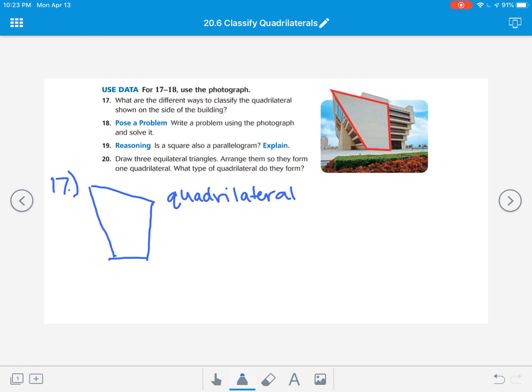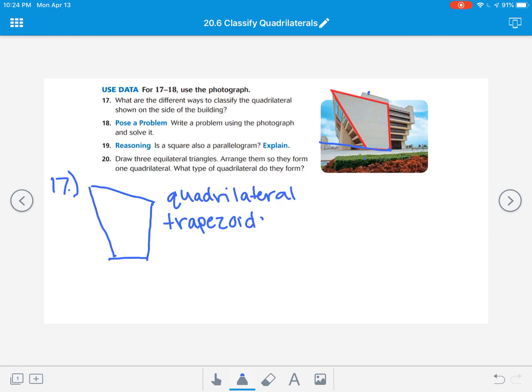Although my drawing is not great, in the picture it looks like the bottom and the top, if I just continued it, are parallel to one another. Because it has one set of parallel sides, that is a trapezoid. It's not a parallelogram because it does not have 2 pairs of parallel sides, and it doesn't have right angles, so that automatically makes it not a rectangle or a square. So it's a quadrilateral or a trapezoid.